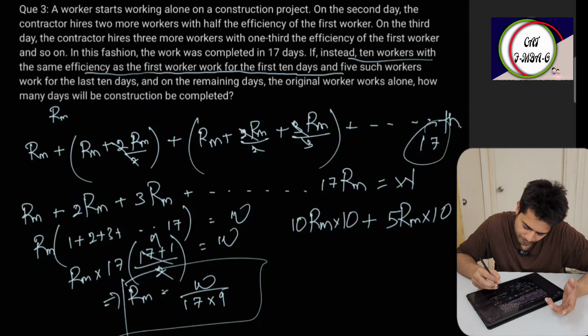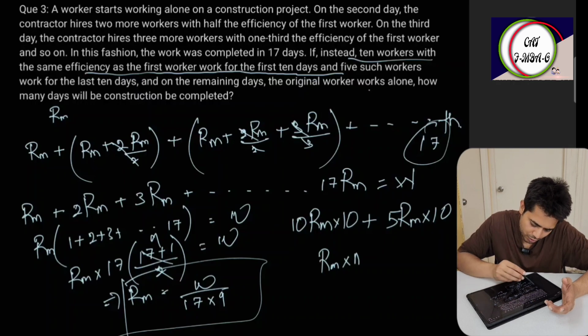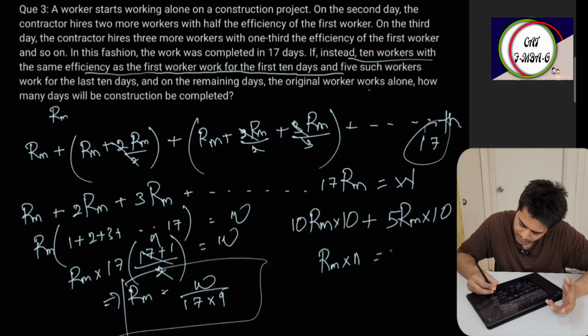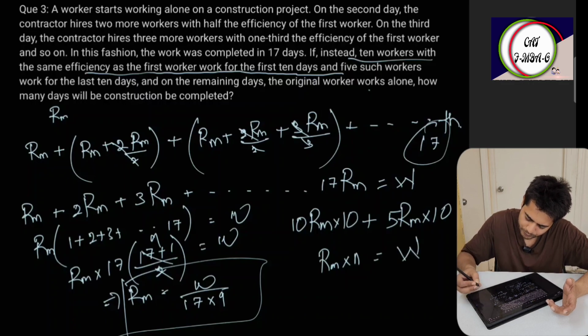And on the remaining days, let the remaining days be n, the original worker RM into n works alone. How many days will the construction be completed? Total is equal to W.